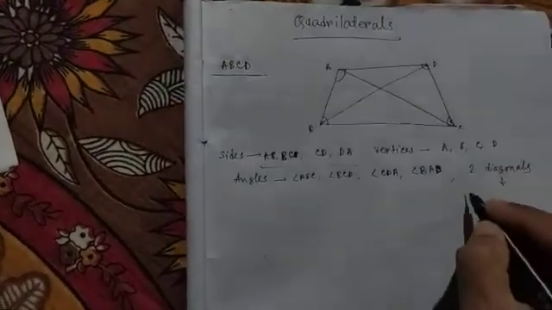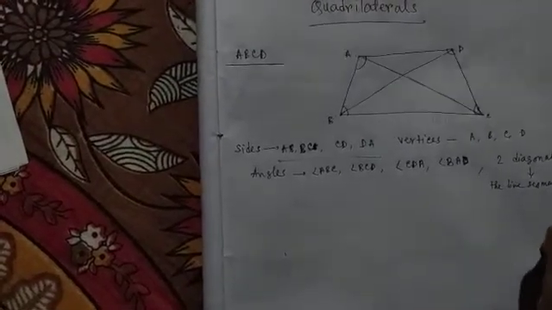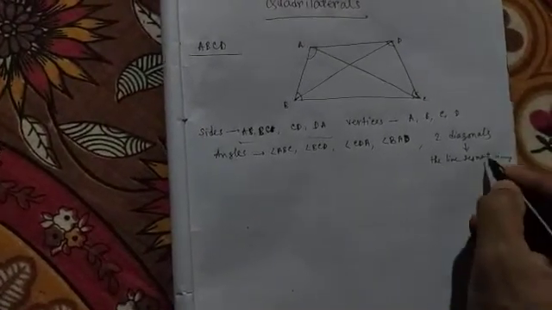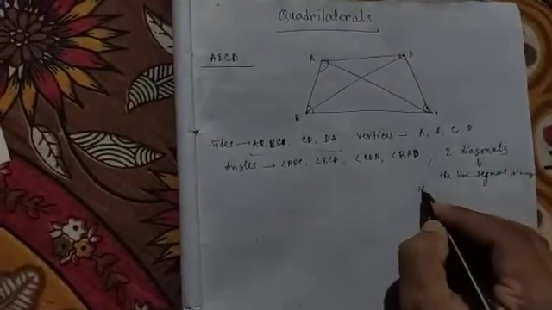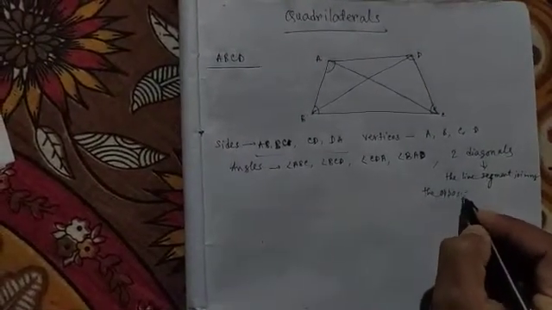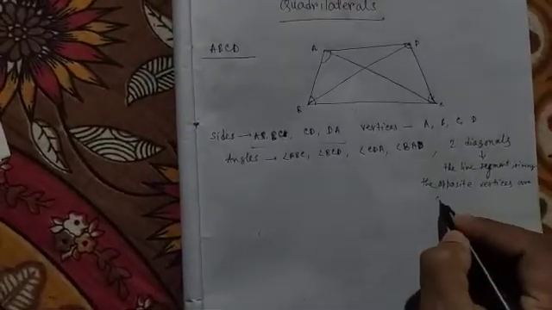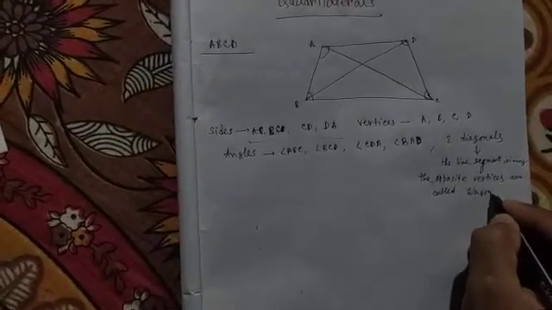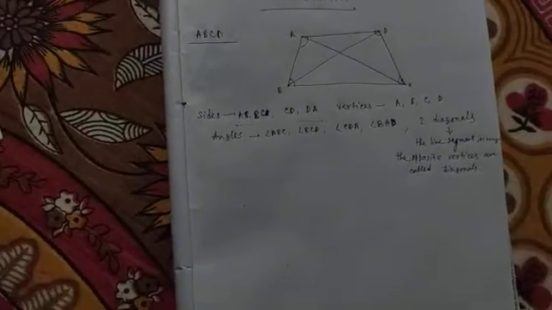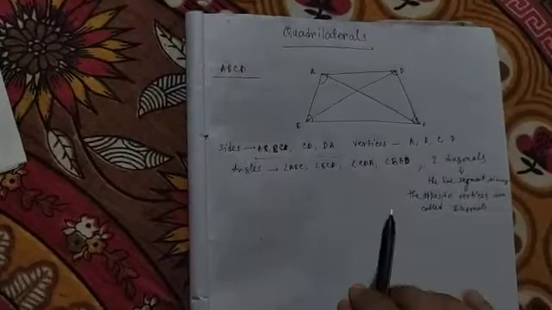So the line segments joining the opposite vertices are called diagonals. Clear, everybody?